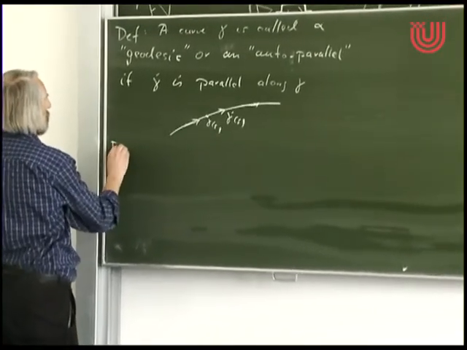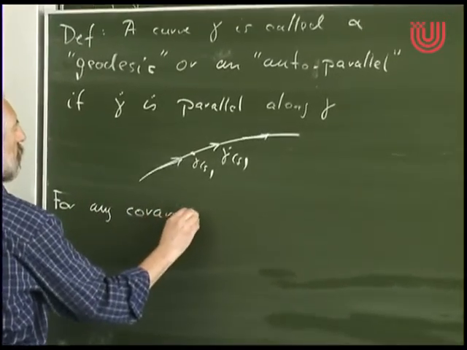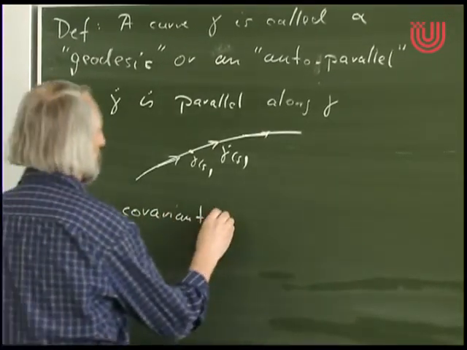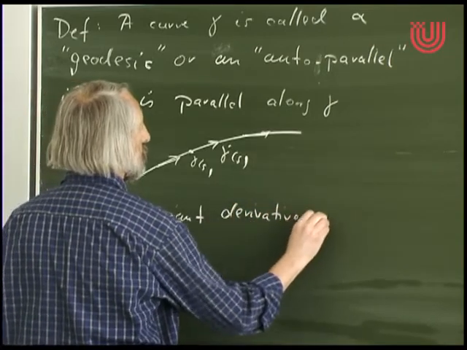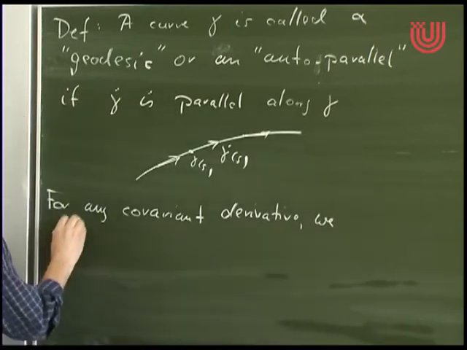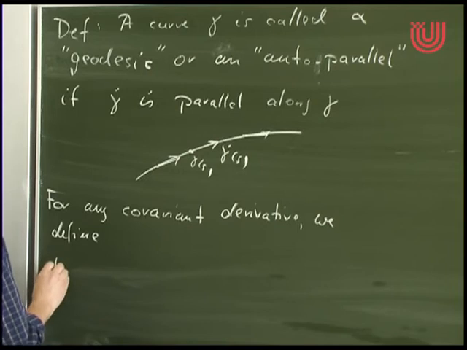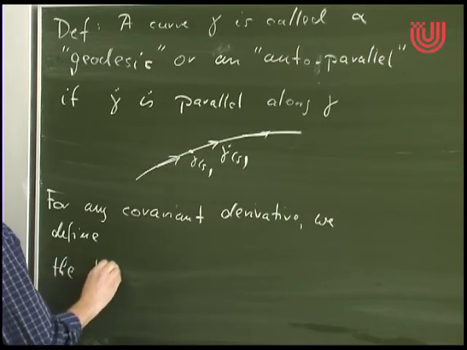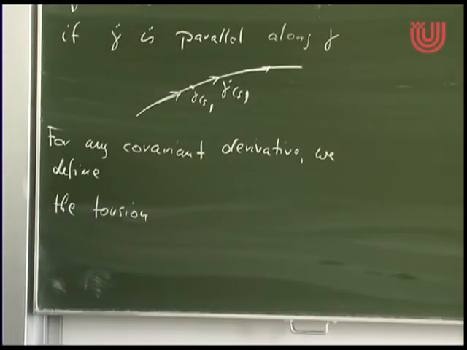So for any covariant derivative, we define torsion and curvature. We define, the first thing is the torsion. I introduce these definitions just formally, and I will discuss later where the names come from and what's the geometric idea.